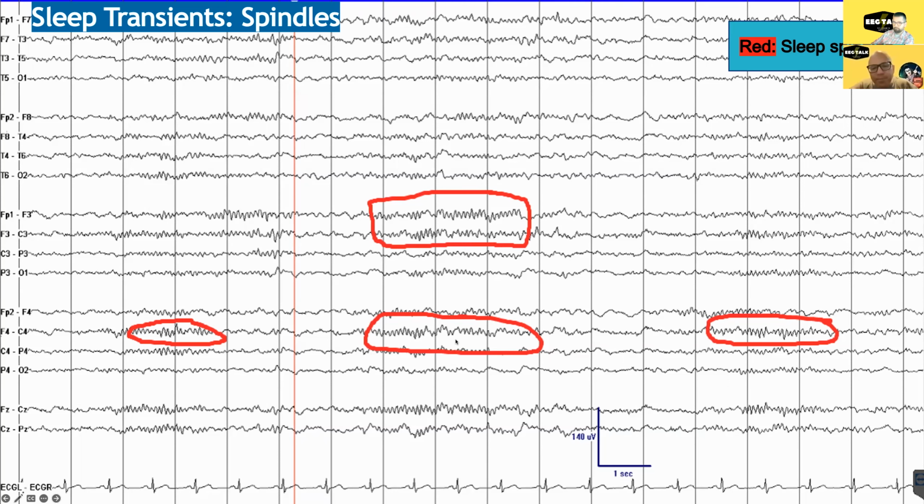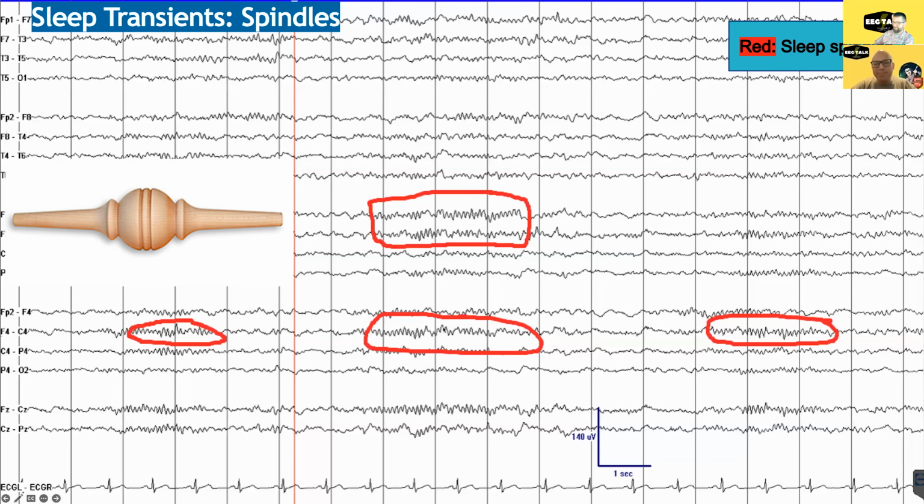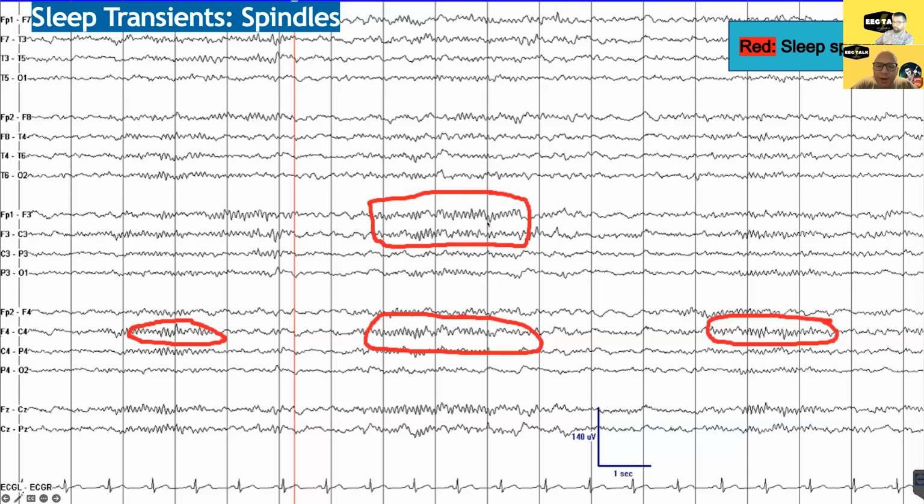Classically they ramp up a little bit, and then they ramp down, so they have a shape that's apparently like a spindle. If you're familiar with muscle spindles, they look a little bit like that. And then the frequency: what's the frequency here? 1, 2, 3, 4, 5, 6, 7, 8, 9, 10, 11, 12, 13, which is in the spindle frequency range, which I think is around 12 to 15.